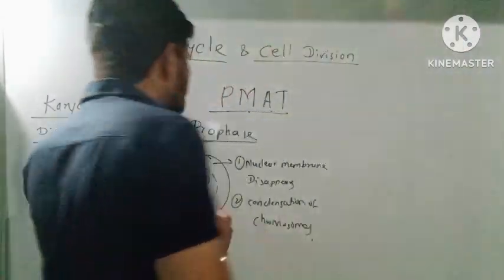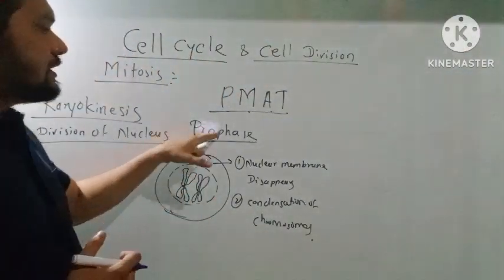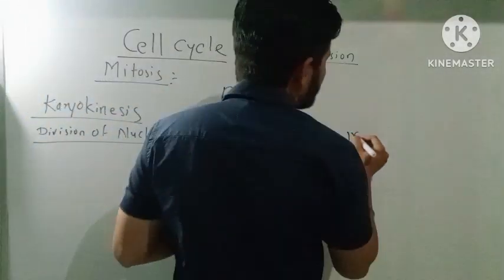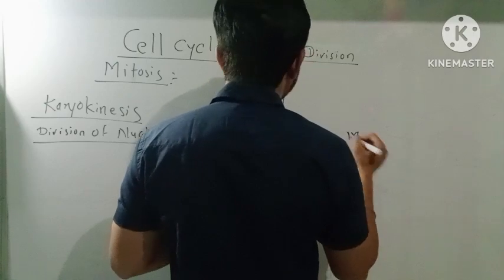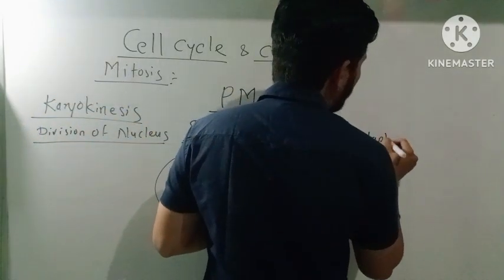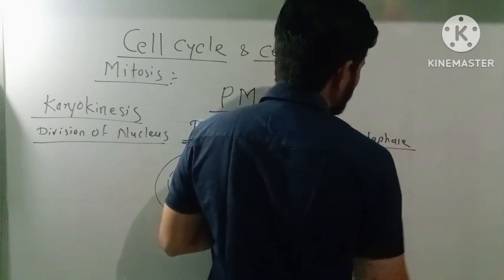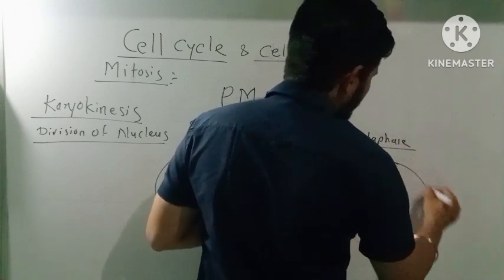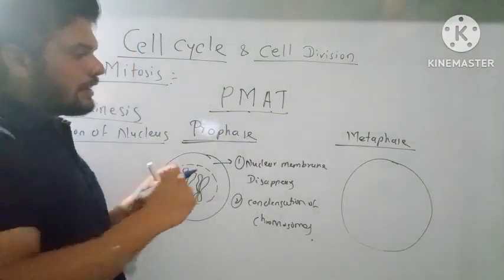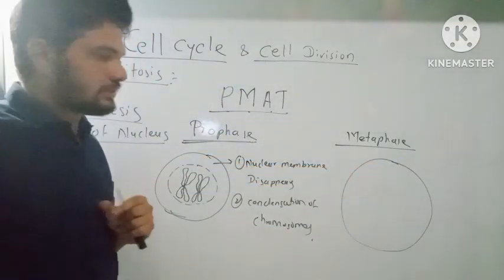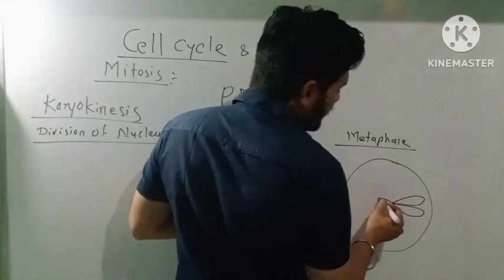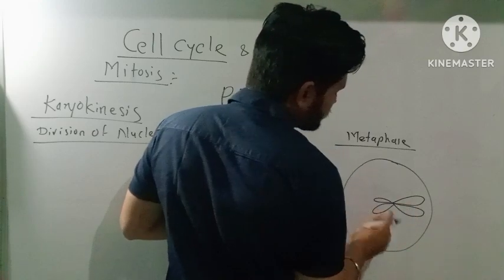Then after the completion of prophase, the cell enters into the M phase. What happens in the M phase? Sorry, my bad. Metaphase, not M phase. So two important things again. All the chromosomes lie on the equator of the cell. This is the equator of the cell, and the chromosomes will lie like this.